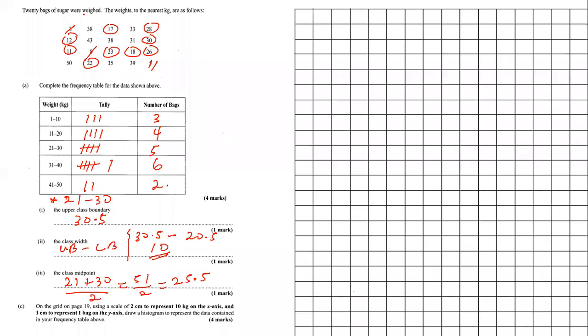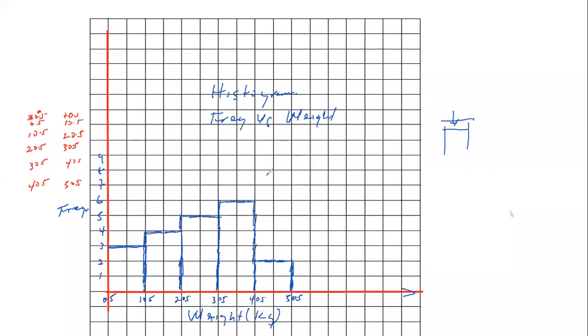Give me a minute. So this would have been the histogram, right? Now, just also remember that they could give you a cumulative frequency curve. They can give you a frequency polygon.